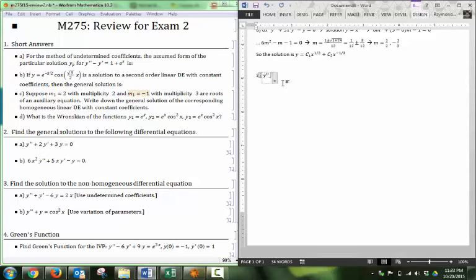Y double prime plus y prime plus 3y is equal to 0. So, like always, we start off with our auxiliary equation, m squared plus m plus 3 is equal to 0.